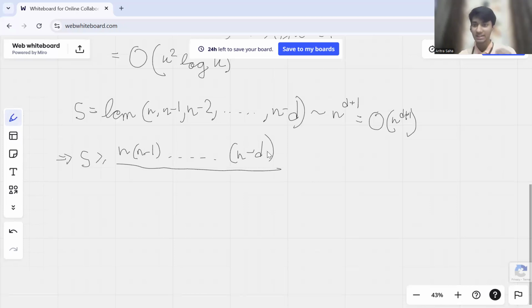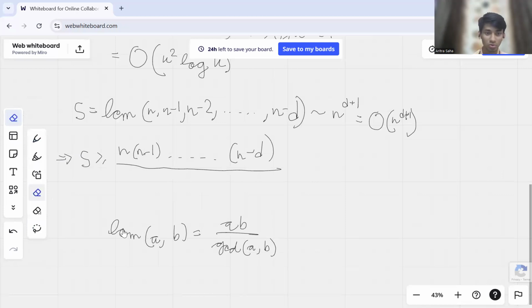What you can do is take each pairwise GCD. So what we do in, like, LCM of A comma B is AB by GCD of A comma B. So here we are doing this for multiple terms, so the factor of inequality will be there.